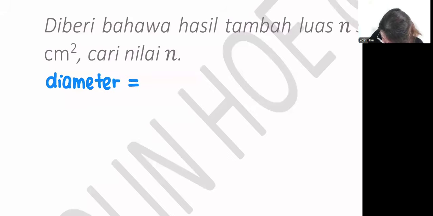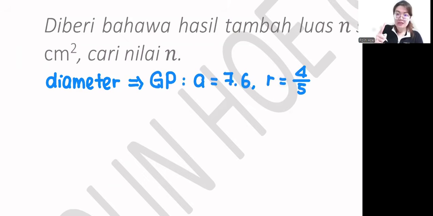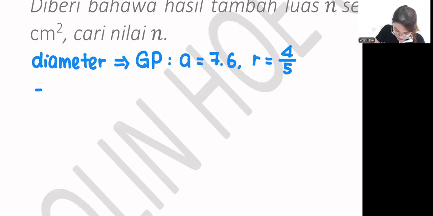Common ratio, 4/5. First blue semicircle, T1. I got 7.6. T3. T3 is the second semicircle.